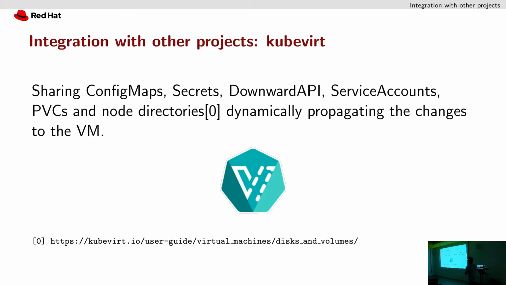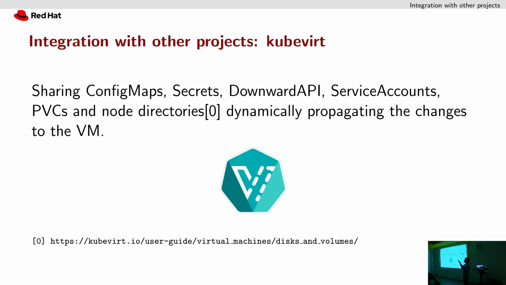Also KubeVirt. Now you can share config maps, secrets, network APIs, service accounts, and persistent volumes using virtio-fs, and that is nice, especially for the first cases. The previous method was using an ISO image, like a CD-ROM disk image.